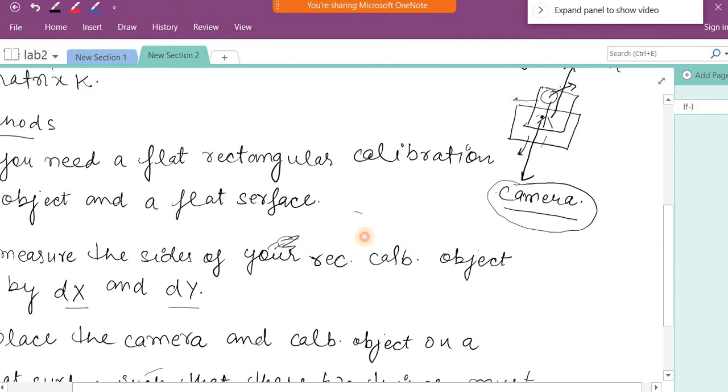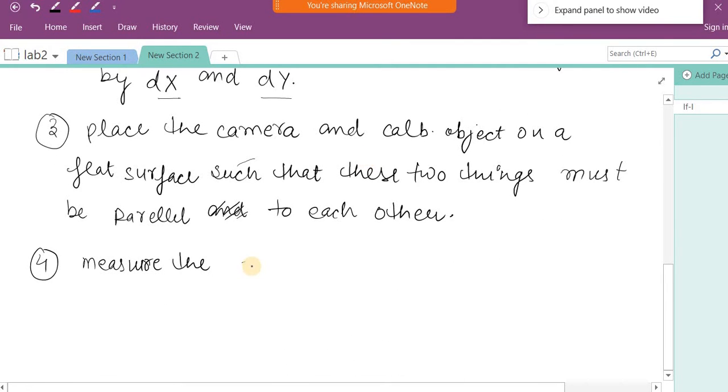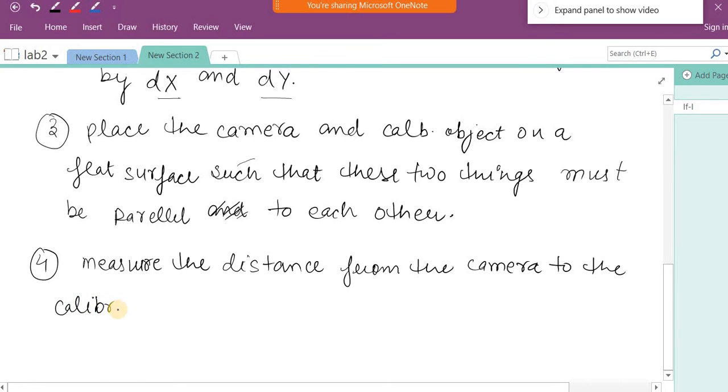So measure the distance from the camera to the calibration object and call it dz.